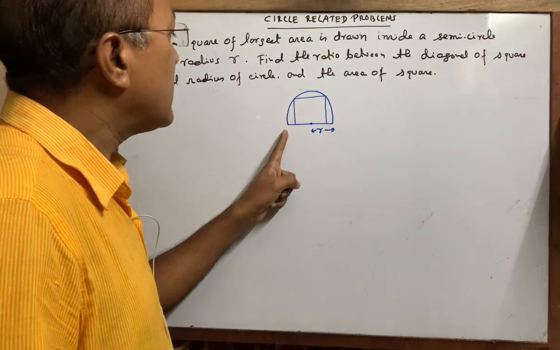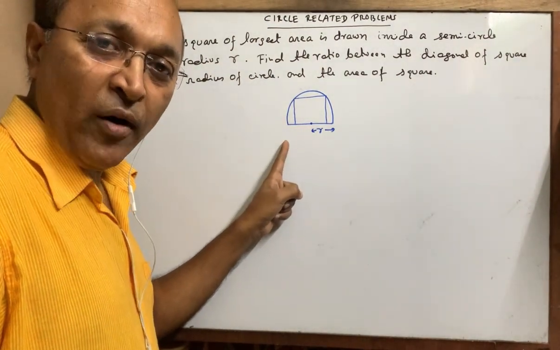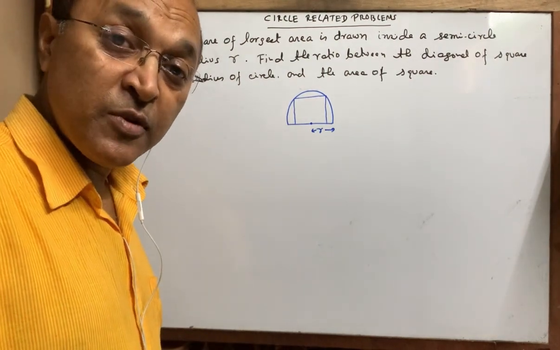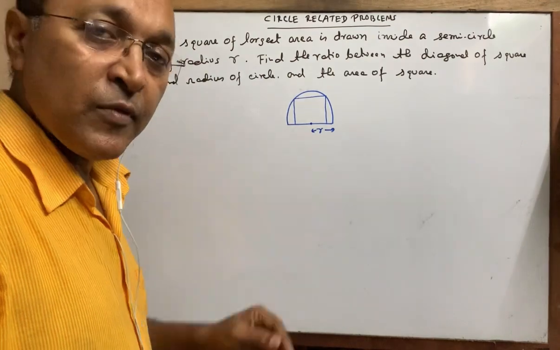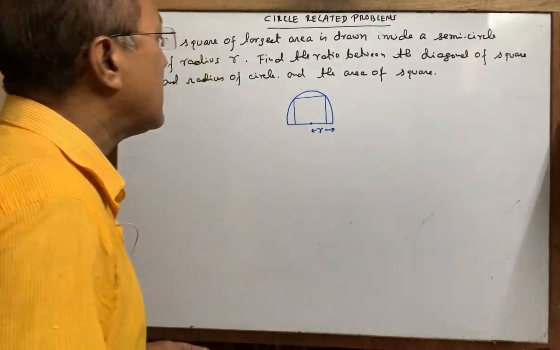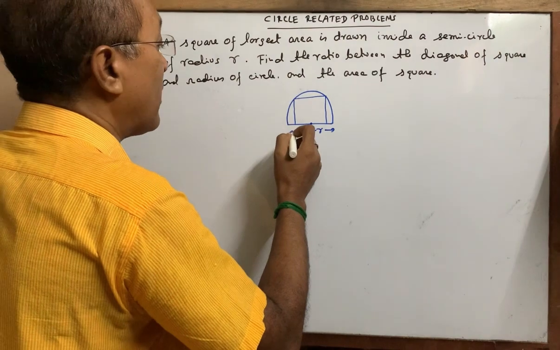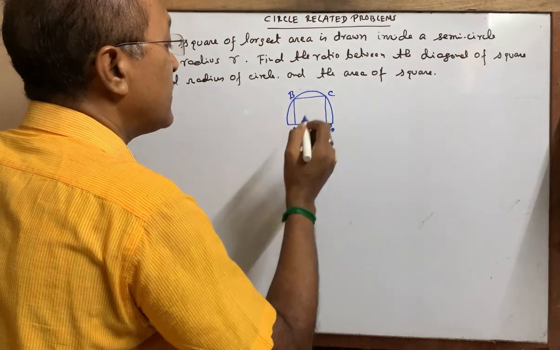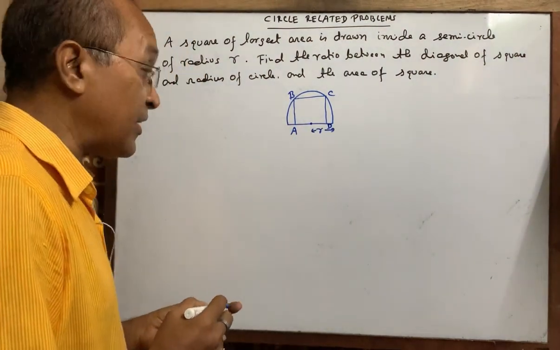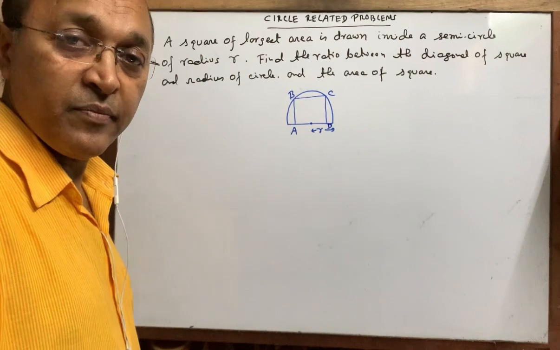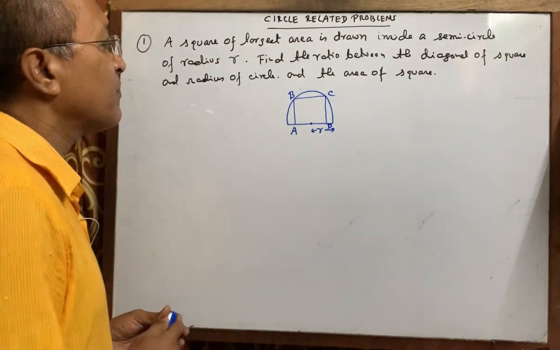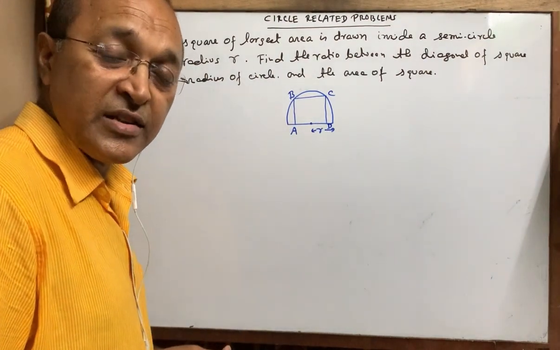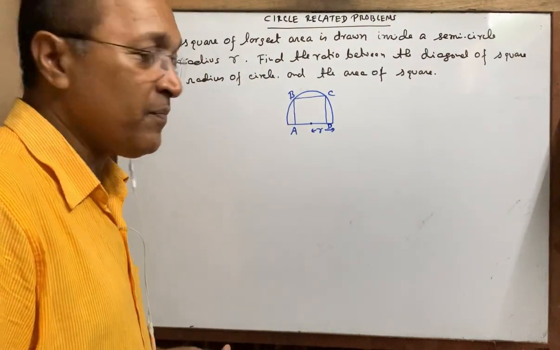Here a semicircle has been drawn, and within the semicircle we have to draw the largest possible square.